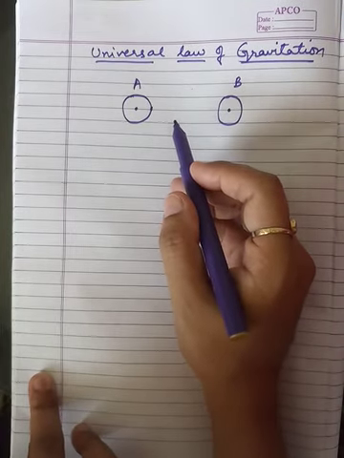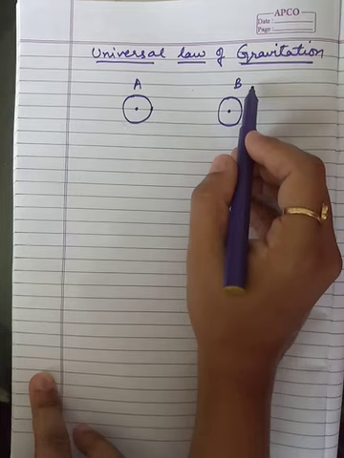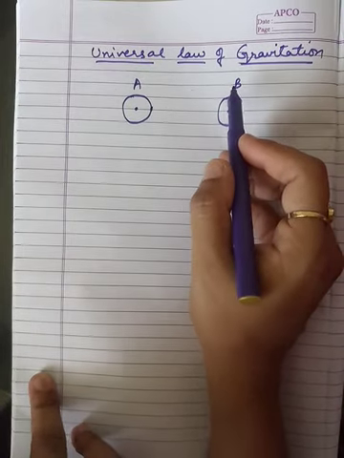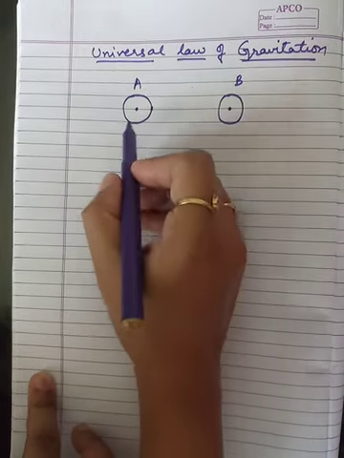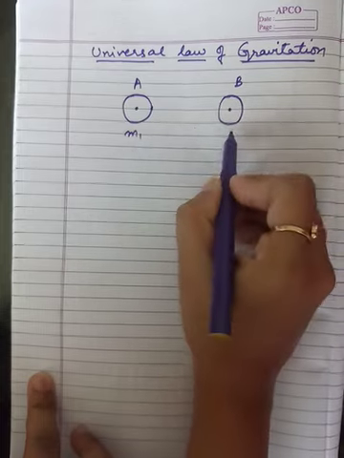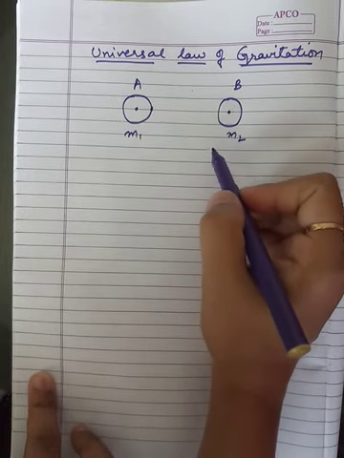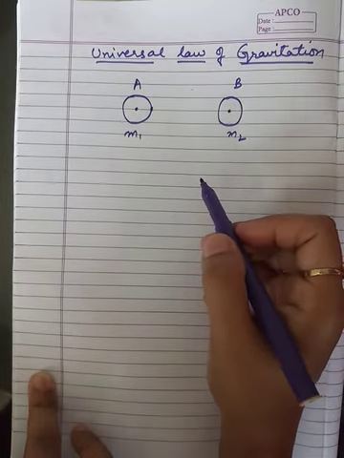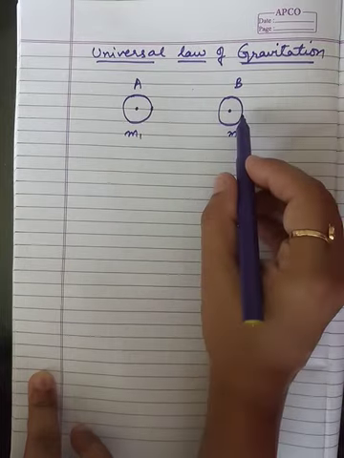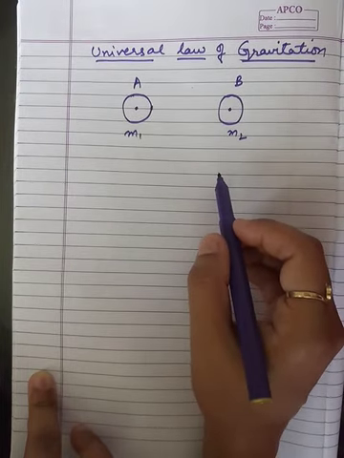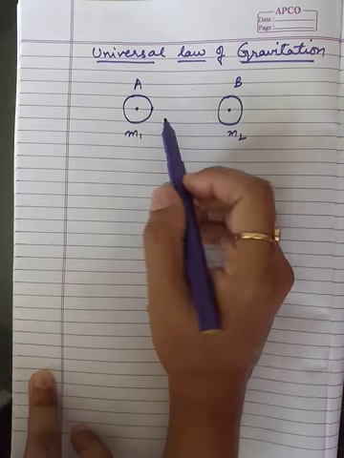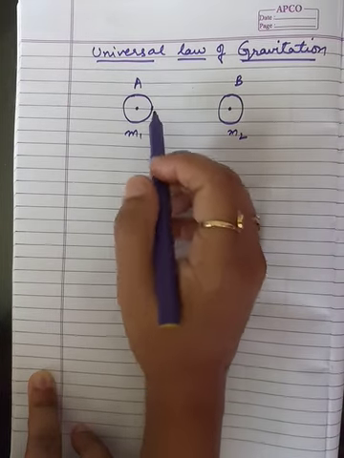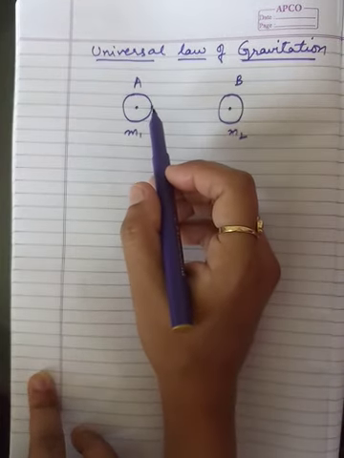So these are two objects A and B, and let us say the masses of these objects are m1 and m2. The mass of the first object is m1 and the mass of the second object is m2. Now let us say the distance between these two objects.